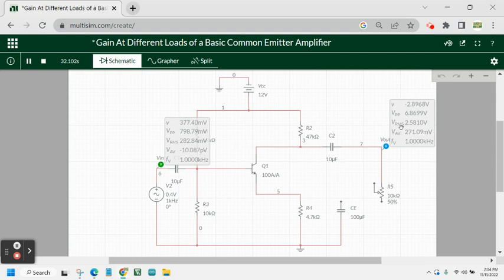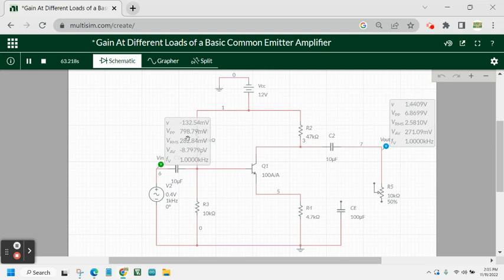And in the output here, we have a peak to peak output voltage of 6.8699 volts. As you can see, approximately it's 7 volts in comparison with the 0.798 or 0.8 volts, which is less than 1 volt.